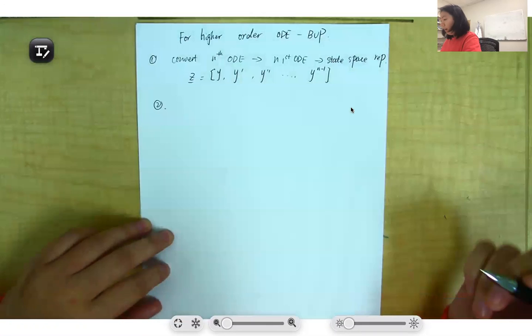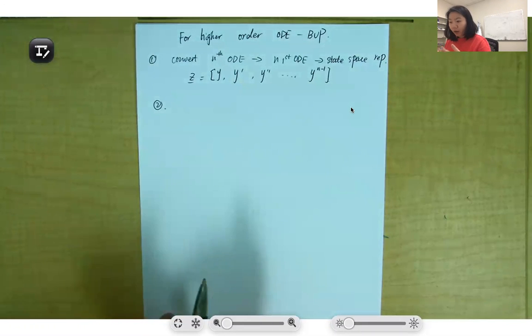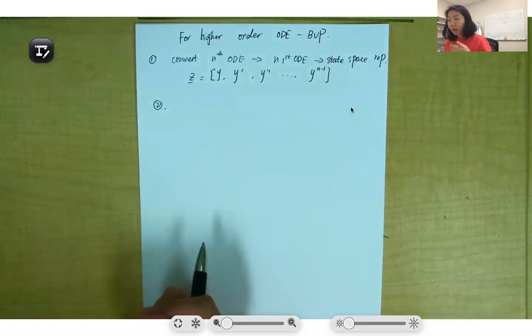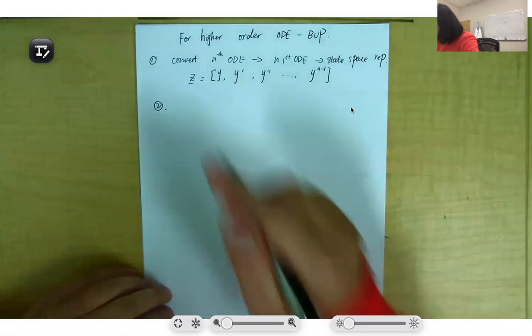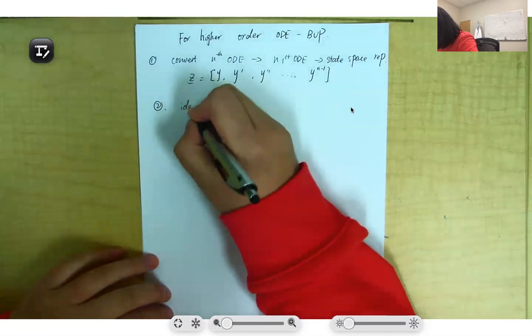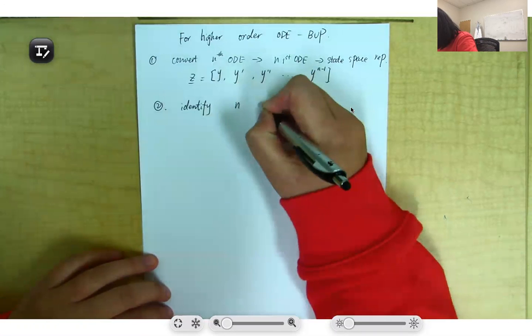Second, after we write the state space representation, we know what kind of initial conditions we have. We also know what kind of initial conditions we are missing based on the boundary conditions. So we identify our n conditions.